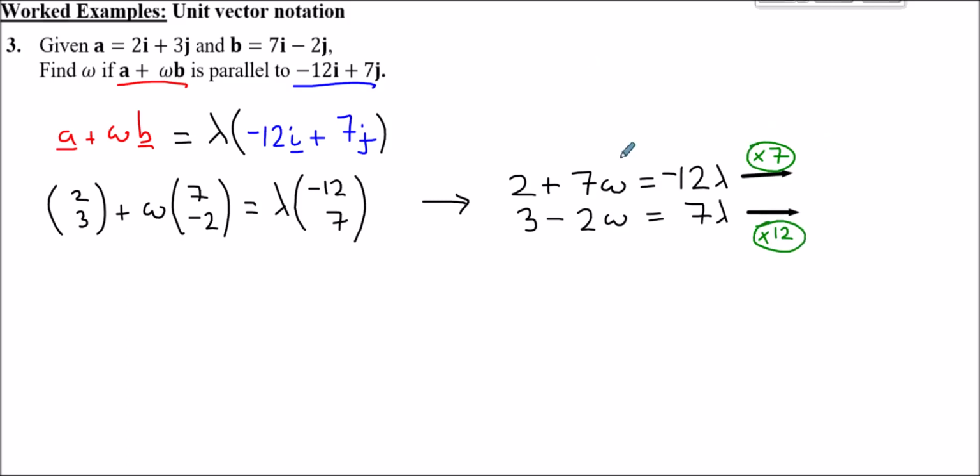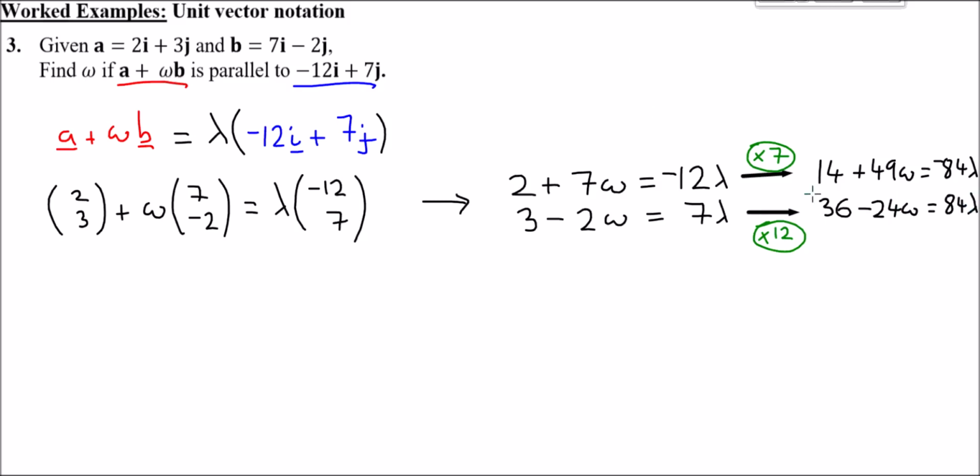Multiplying everything on the top by 7, we'll get 14 plus 49 omega equals minus 84 lambda. And on the bottom, 3 times 12 gives us 36. Minus 2 omega multiplied by 12 is minus 24 omega. And 7 multiplied by 12 gives 84 lambda.